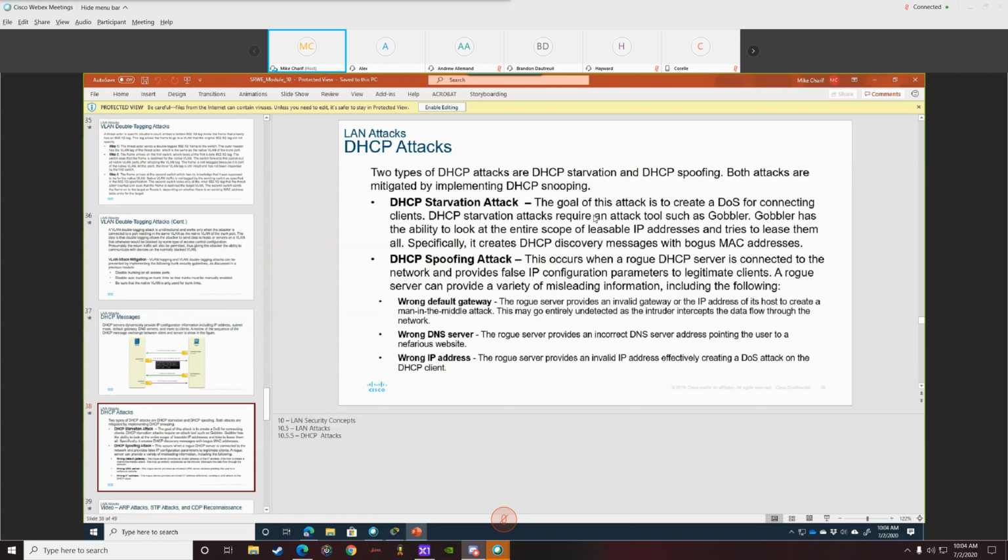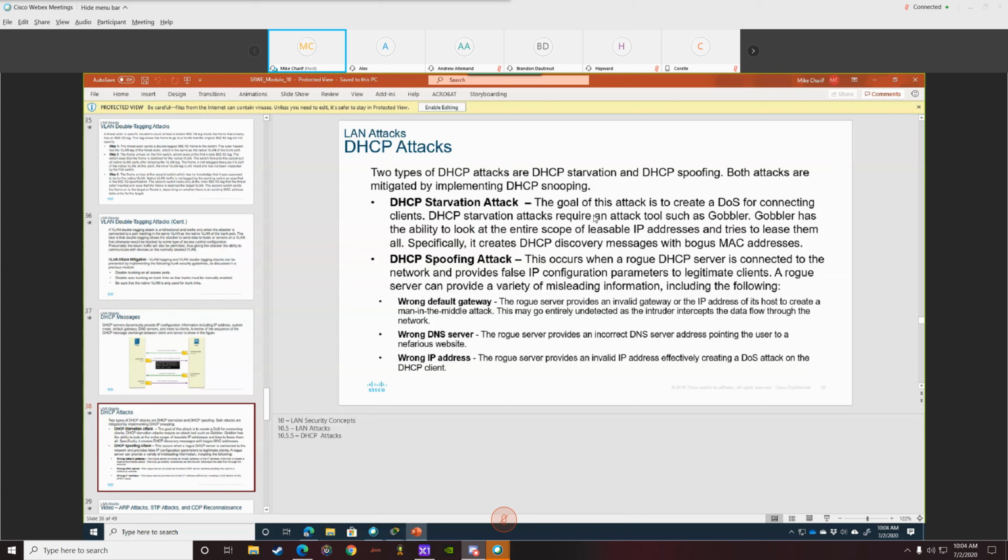The goal of this attack is to create a denial of service for connecting clients. A DHCP starvation attack requires an attack tool such as Gobbler, which has the ability to look at the entire scope of leasable addresses and tries to lease them all. Specifically, it creates DHCP discovery messages with bogus MAC addresses.